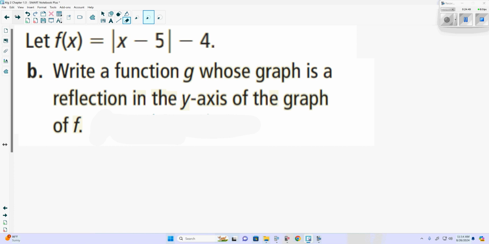Let's look at this one here. Let f of x be the same function we're working with. This time g of x, we want to write a function g whose graph is a reflection in the y-axis. What's our general form for y-axis? f of negative x. Yeah, you're good.